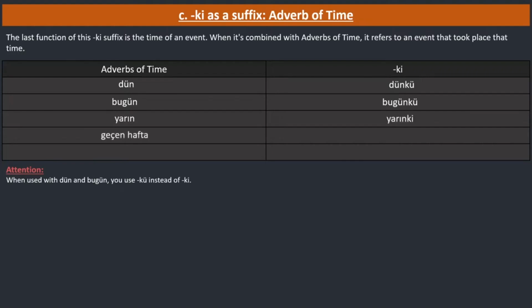Geçen hafta, so hafta here means week. Geçen means simply last, the one that was past. So last week. You can change hafta to ay, which is month. So geçen ay, last month. Geçen yıl, last year.